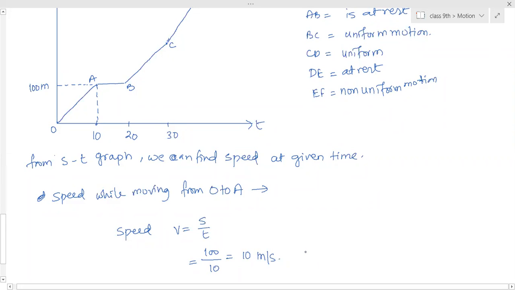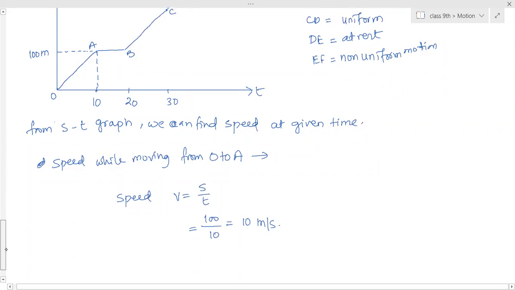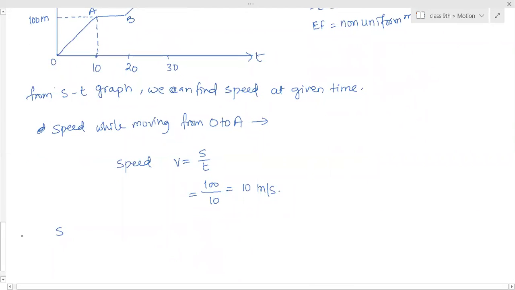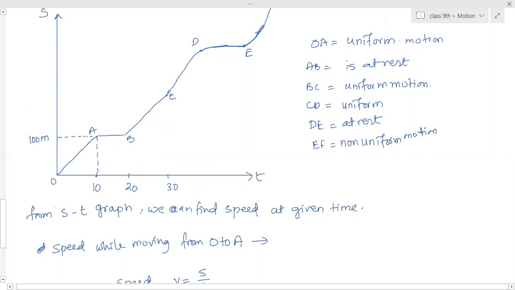Now suppose they ask us to find the speed when the object travels between 20 and 30 seconds. From 20 to 30 the motion is also uniform. In this interval of 20 to 30 seconds, we have to calculate the distances.